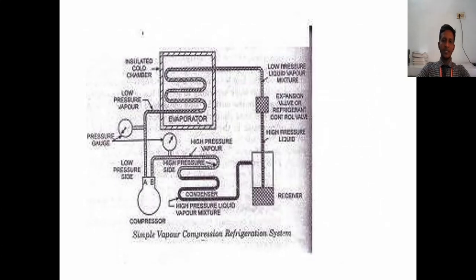Here I have shared the vapor compression refrigeration system cycle. We will start from the evaporator side. Here evaporation takes place. All four devices are connected by pipes or lines carrying the refrigerant. When the refrigerant enters the evaporator, evaporation takes place by absorbing latent heat from the space.